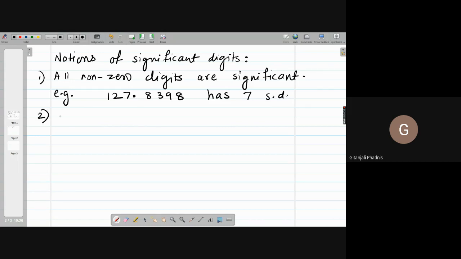Then the second one is: all zeros occurring between non-zero digits are significant digits.